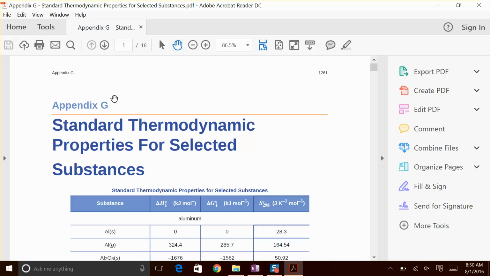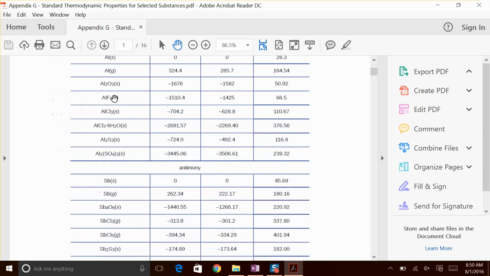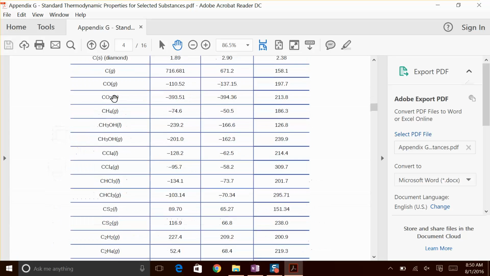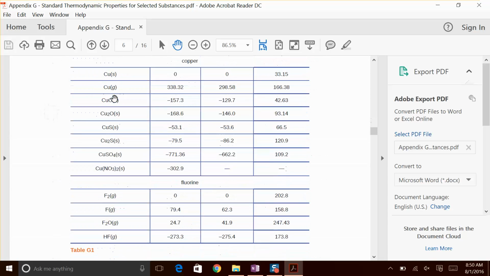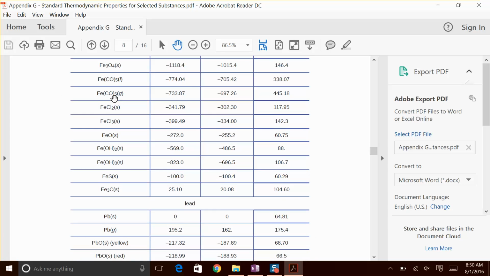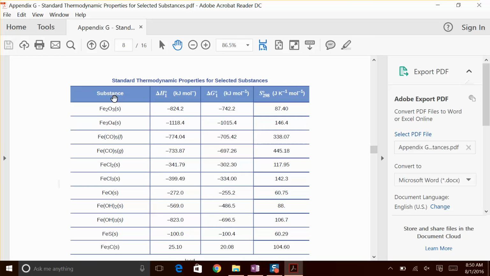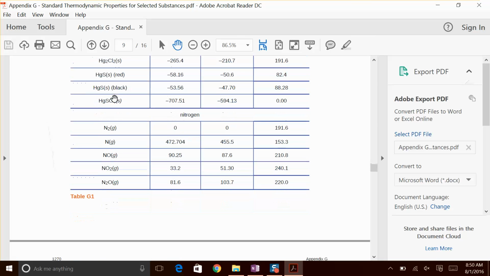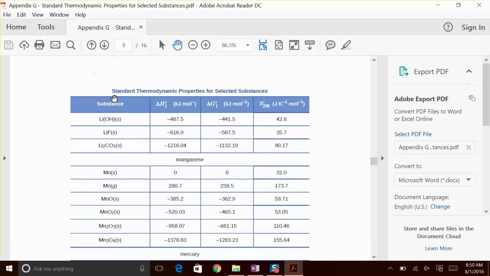Okay, so Appendix G in your book. Let's see if theirs is the same as what I gave you. NO, the delta G right here for NO, 90.25.